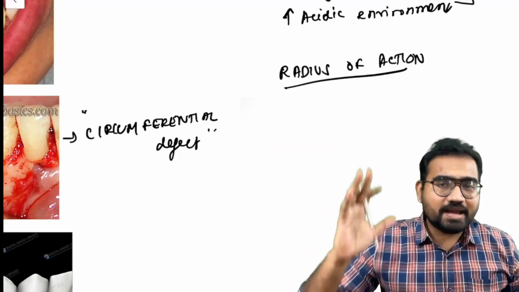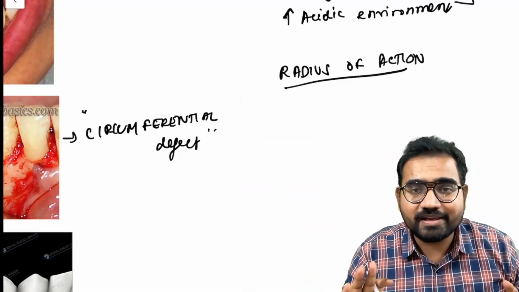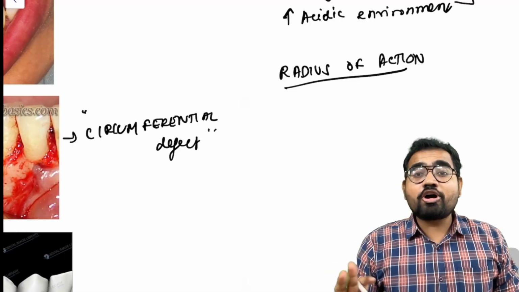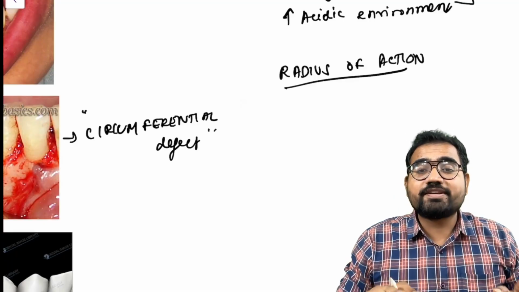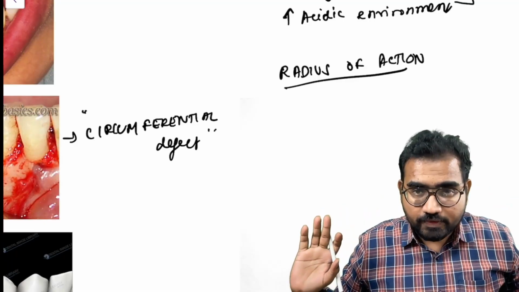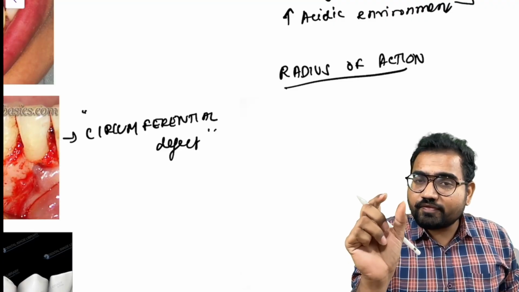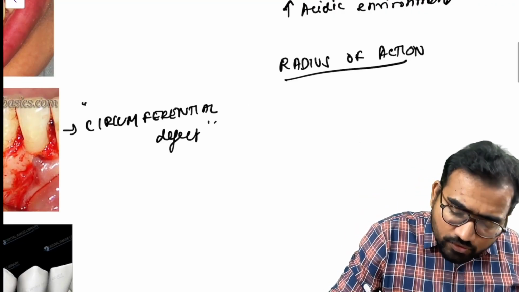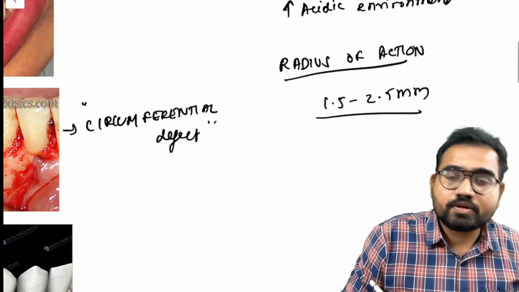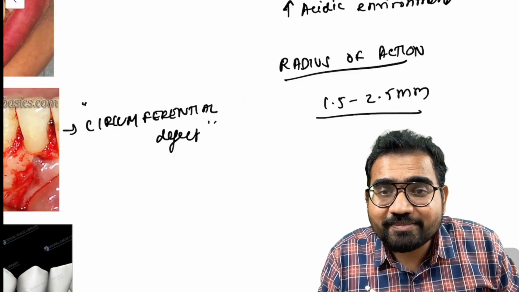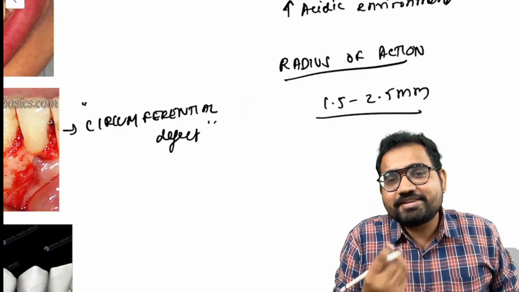Similarly, a bacteria cannot destroy the bone or tissue if it is more than 2.5 mm away. So the radius of action is 1.5 to 2.5 mm. If it is more than 2.5 mm, your bacteria cannot destroy it.